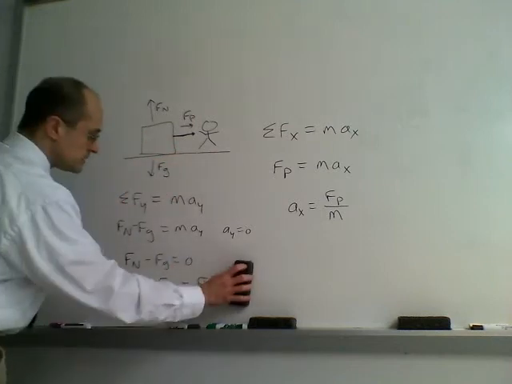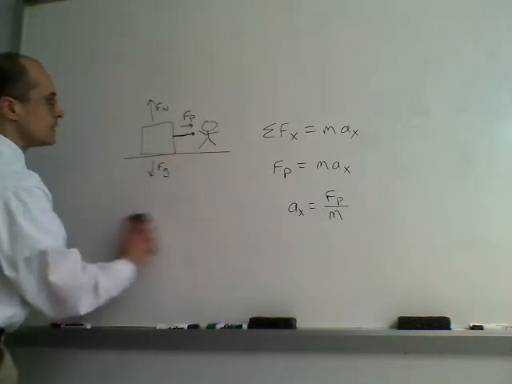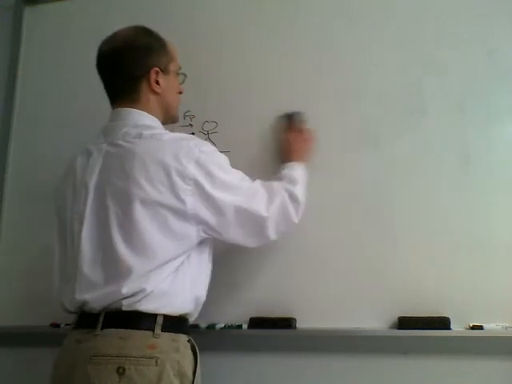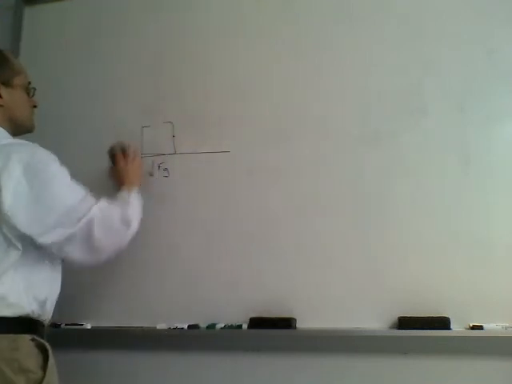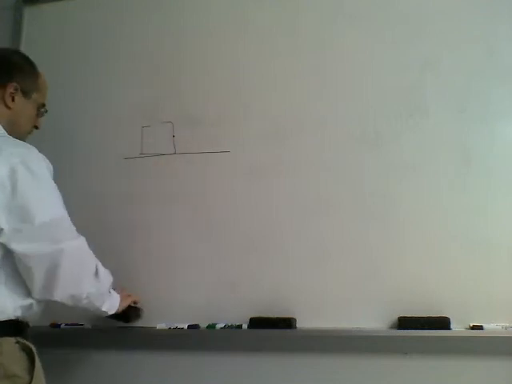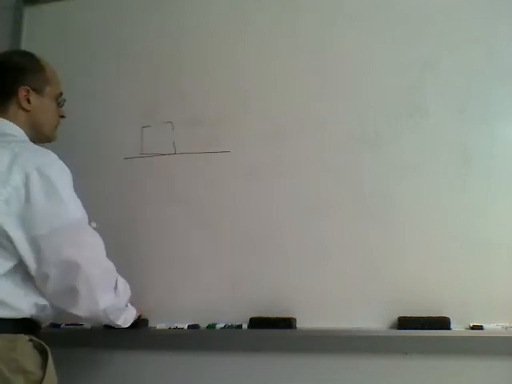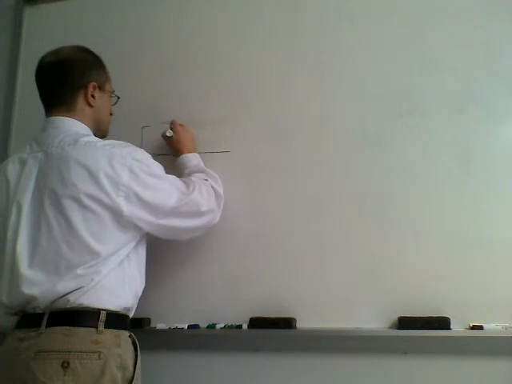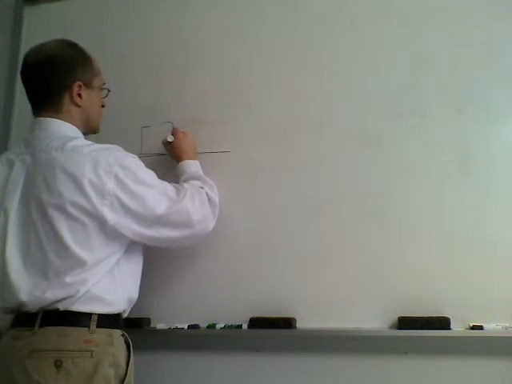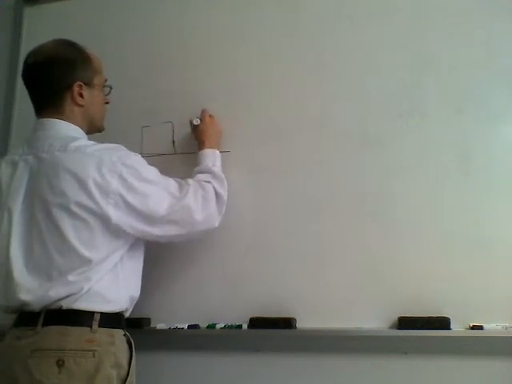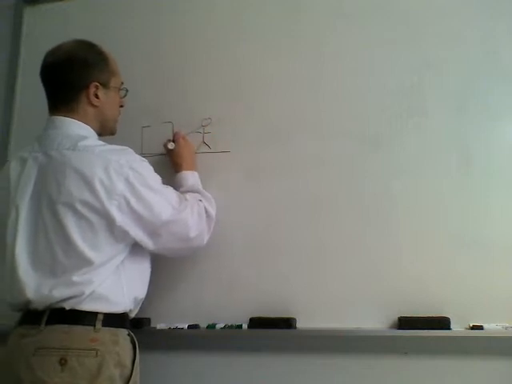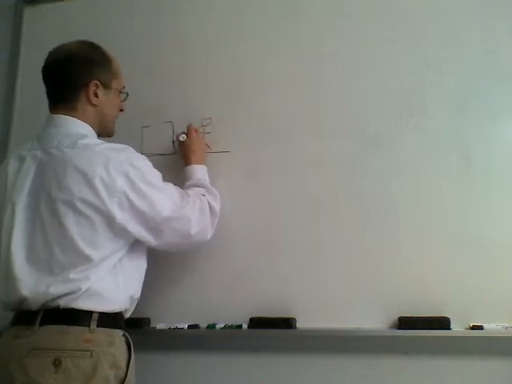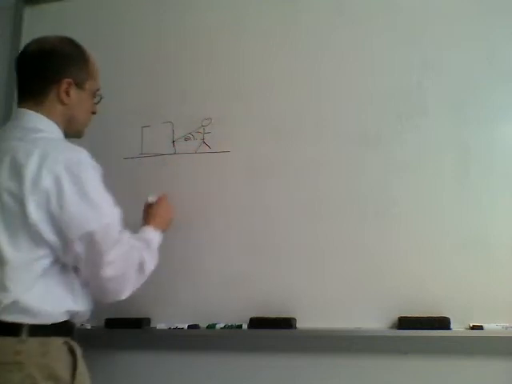Now let's change this up just a little bit. We're still going to have our trusty box, because they're so easy to use. But now let's assume that you attach the rope, and when you pull, you're going to pull up at some angle theta.